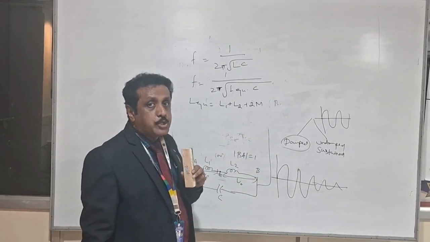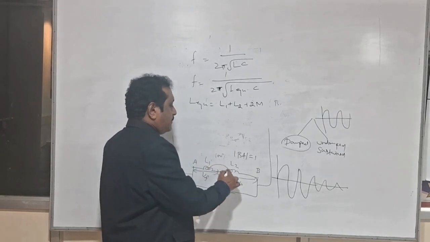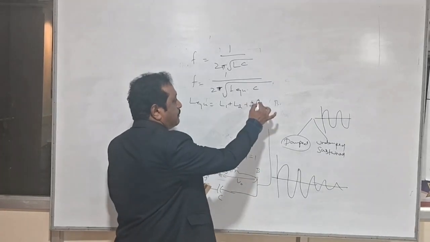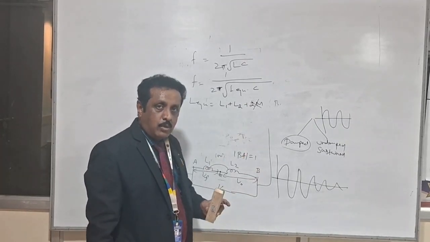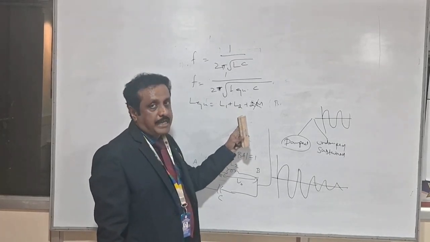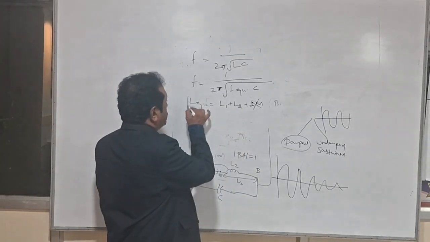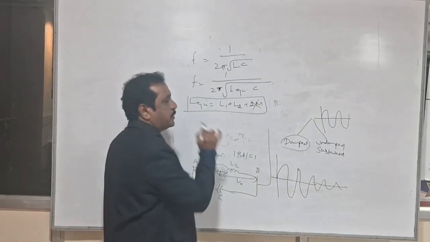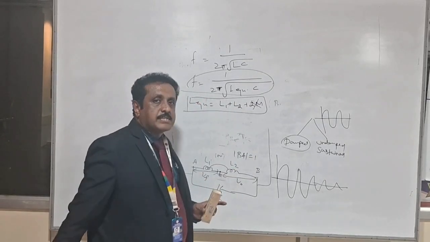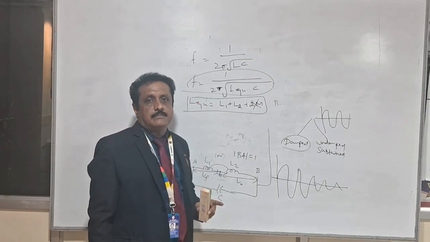That M is the mutual inductance between the coils. Since it is very small, in most practical cases this will be neglected. But in the ideal case, it should be included in this L equivalent calculation. So L equivalent is equal to L1 plus L2 plus 2M. That is the final frequency of oscillation of the Hartley oscillator.